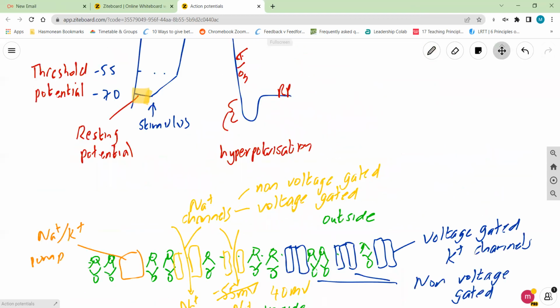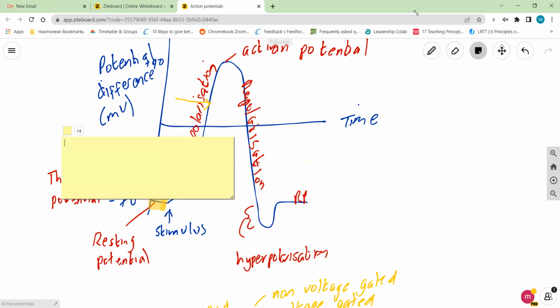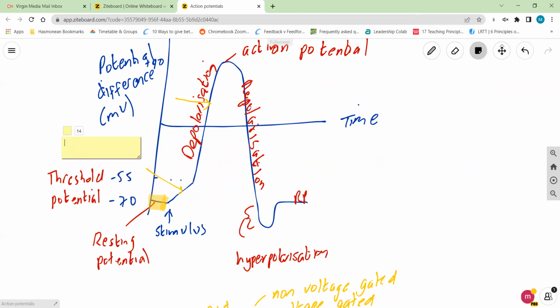Let's put that on the graph. Okay, so if we say what's happening here, and then what's happening here. So when a stimulus arrives, we'll look at stimuluses later and how they actually cause these sodium channels to open.